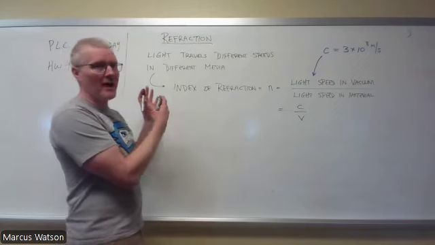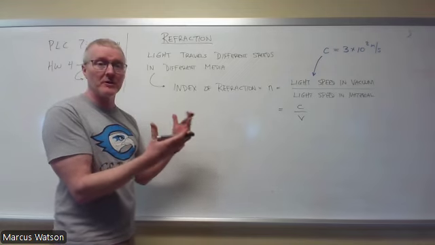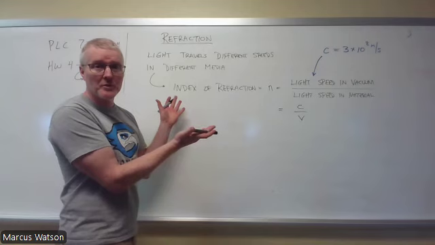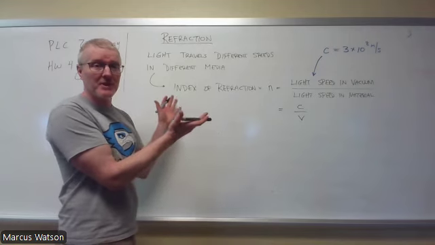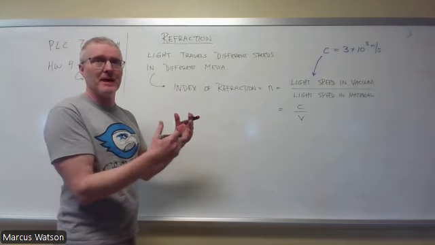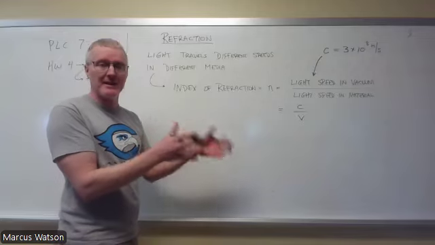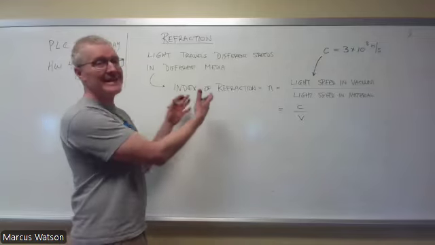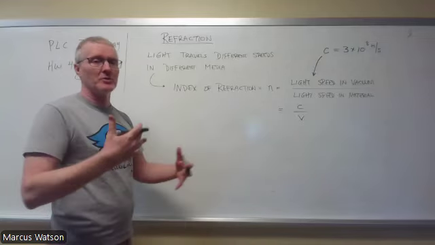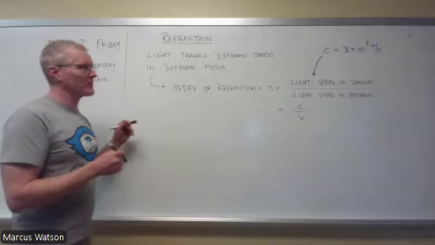So if you have had 4B and you've talked about the propagation of electric fields in a material, well, that's essentially what we're doing. This is what light is. It's propagation of an electromagnetic wave in a material, and therefore the behavior is described by things like its atomic polarizability and its dielectric constant, and those lead to the index of refraction. So it's all kind of related, but we can't go into that because that's not a requirement.